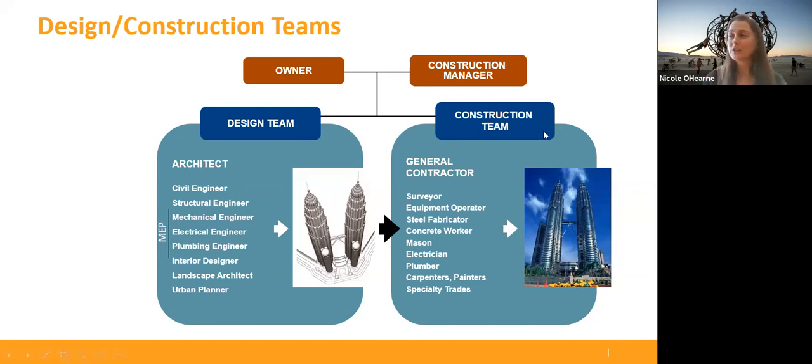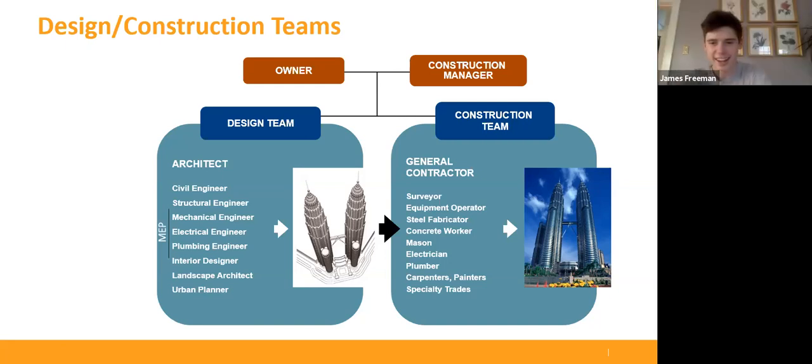And then you have the construction team, who's the one actually going to site and creating the final product. So any questions about that or any of the particular roles? All right. Well, keep these things in mind because you'll need to know them later on today and in the future.